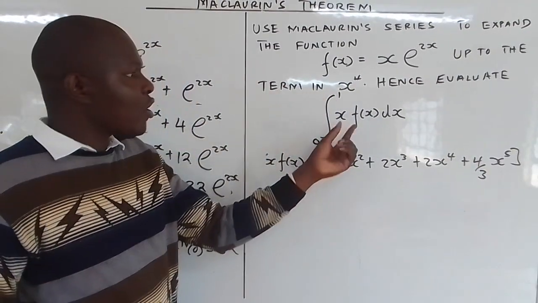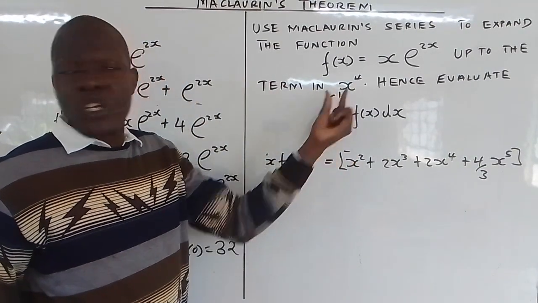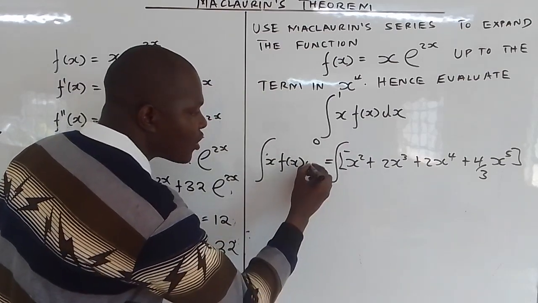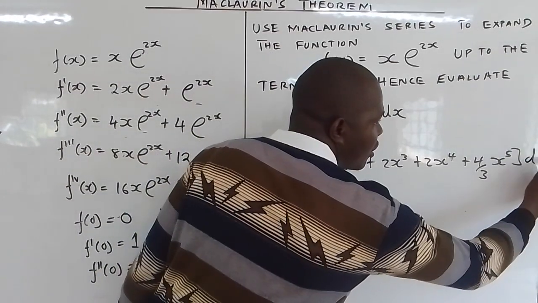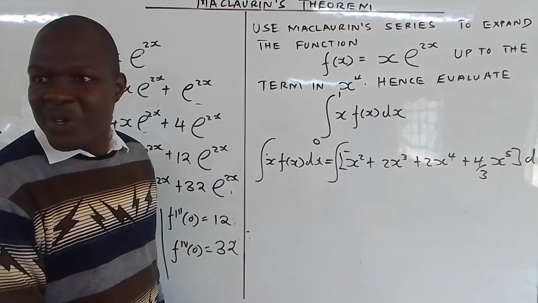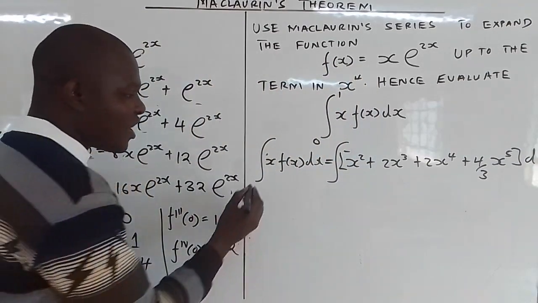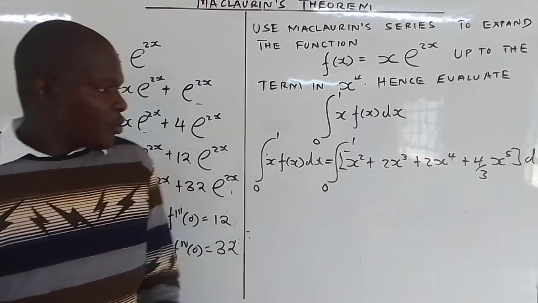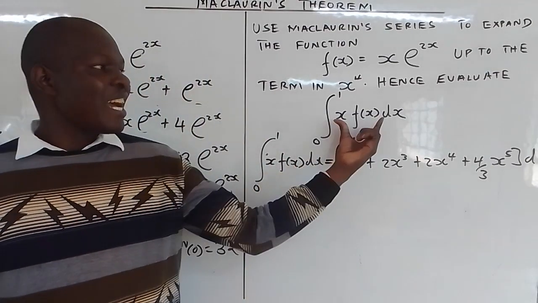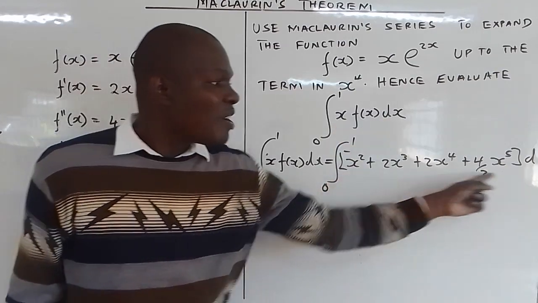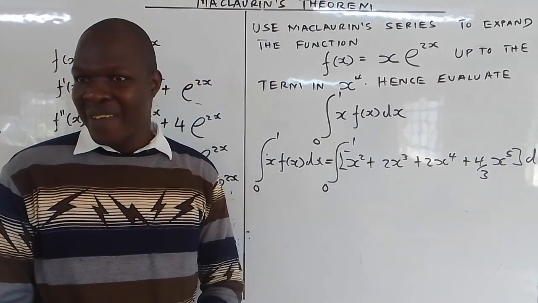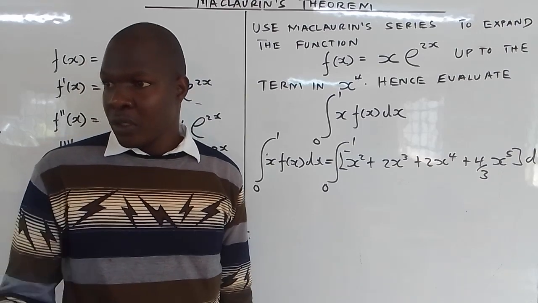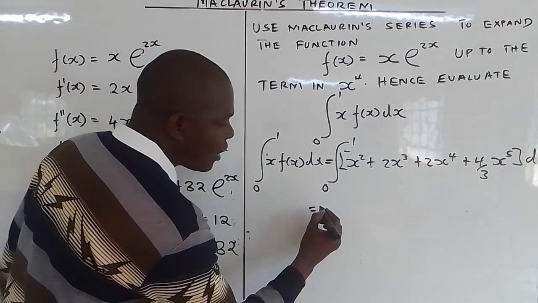You want the integral of f of x from 0 to 1, isn't it? So you simply introduce integral on both sides of the equation with respect to x. Then you put the limits you've been given, from 0 to 1. So when you are evaluating this integral, you are actually evaluating that integral. Are we together? Is that understood? Good.